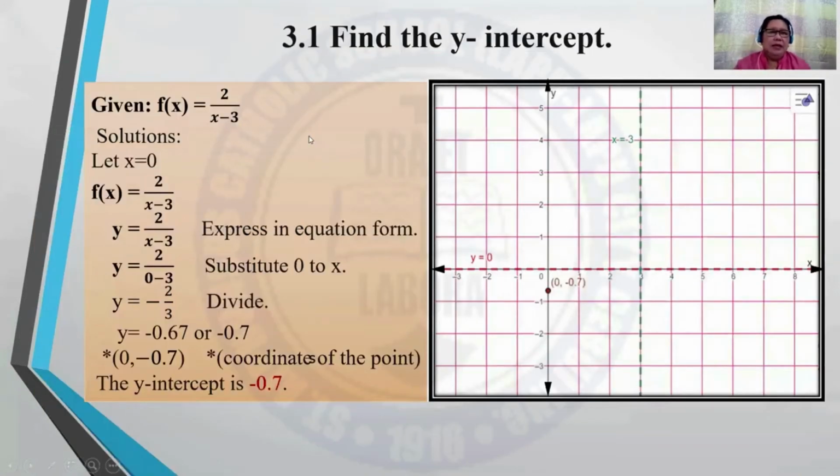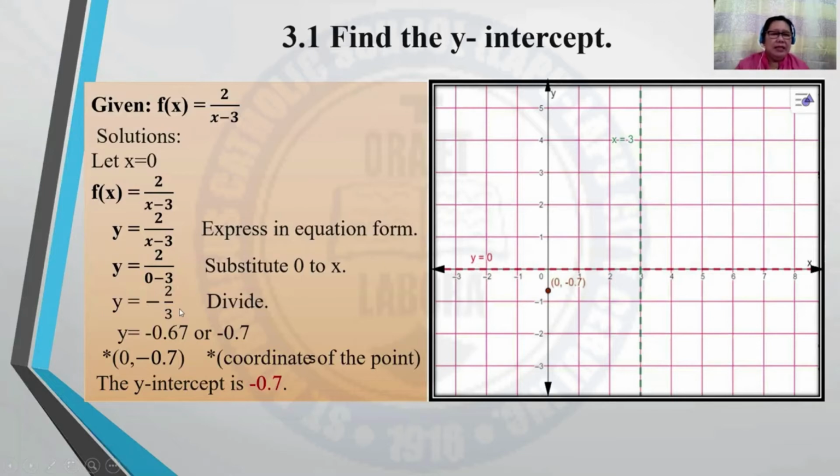Next, find the intercepts. 3.1, find the y-intercept. These are the solutions. So you have to let x is equal to 0, meaning substitute 0 to x. So 2 over 0 minus 3, so you have negative 2/3.